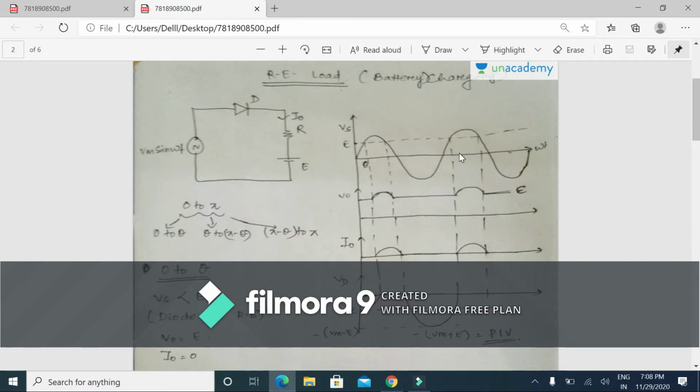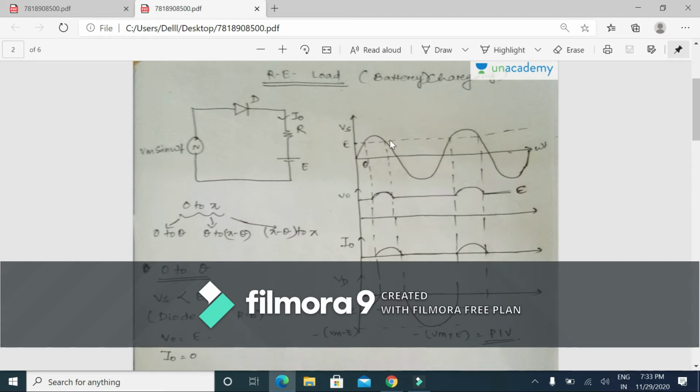We are dividing this 0 to pi interval into three parts. One is 0 to theta, another is theta to pi minus theta, and the third one is from pi minus theta to pi. That means from 0 to theta, this diode is not conducting as the source voltage is less than EMF.